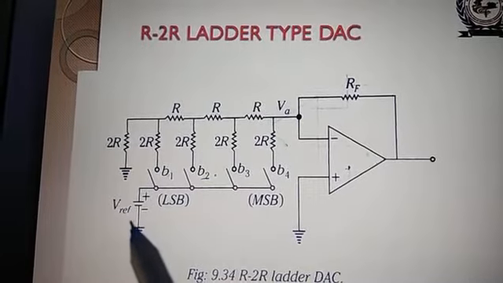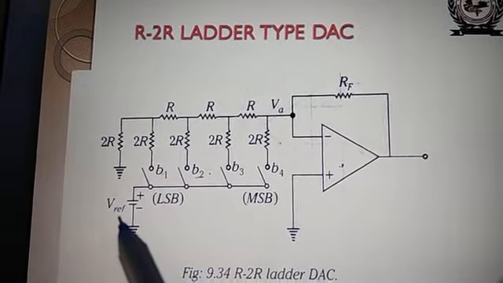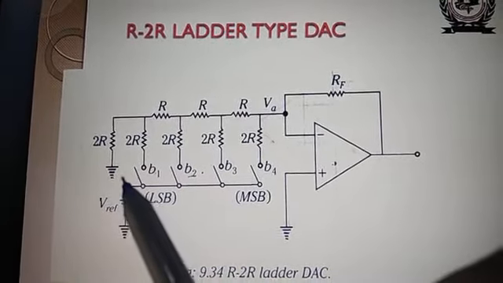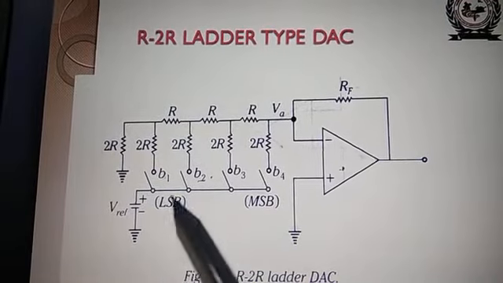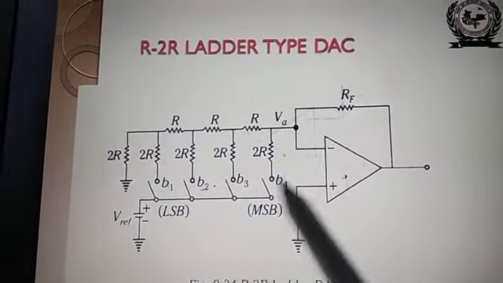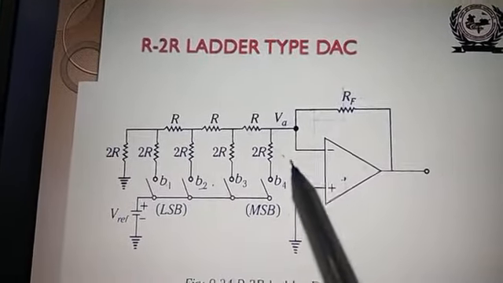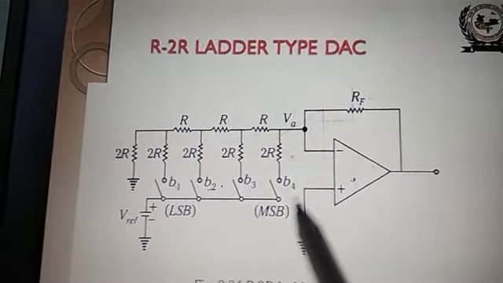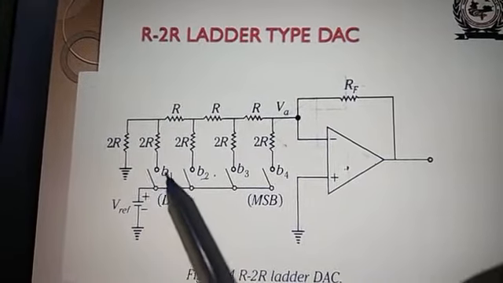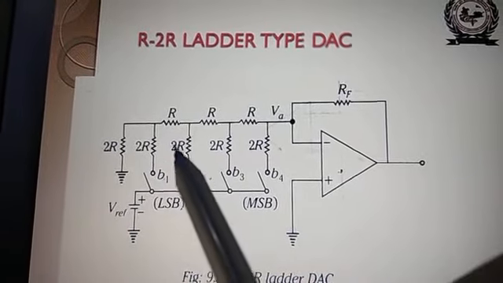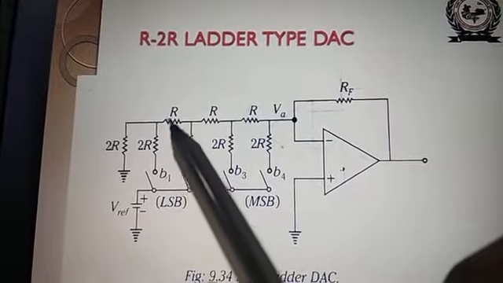So V reference, the maximum value, will be equal to 1 when the switch is closed, and when the switch is open it will be equal to 0. And you can see here this is the LSB, B1 connected with 2R, B2 is connected with 2R, and in between R is there.